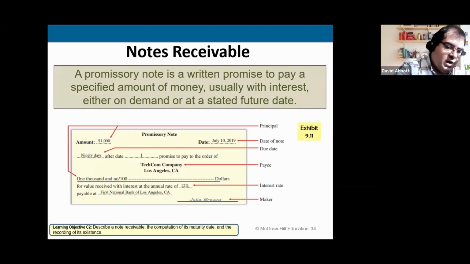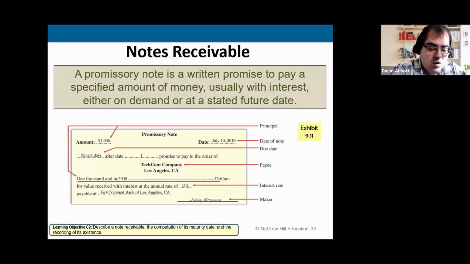So a promissory note is a written promise to pay a specified amount, usually with interest, either on demand or at a stated future date. Promissory notes are used in many transactions, including paying for products or services and lending and borrowing money. Sellers sometimes ask for a note to replace an accounts receivable when a customer requests additional time to pay a past due account.